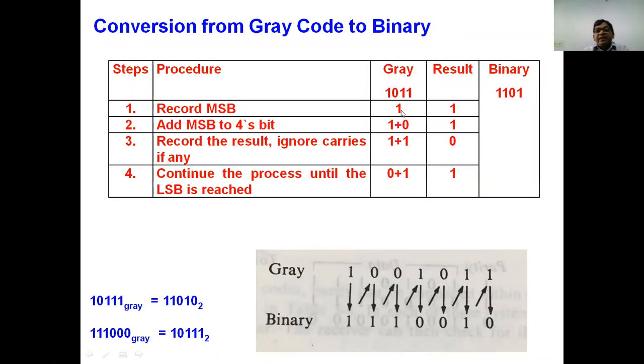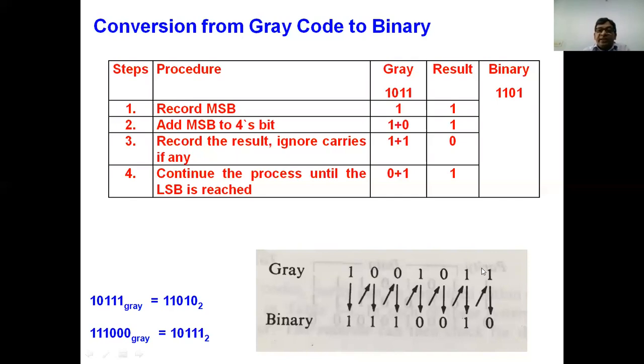Then again this will be added to the next bit of the gray. Then this result, 1 plus 0, is 1. This is again added to this gray bit. 1 plus 1 is 0, the carry will be ignored.